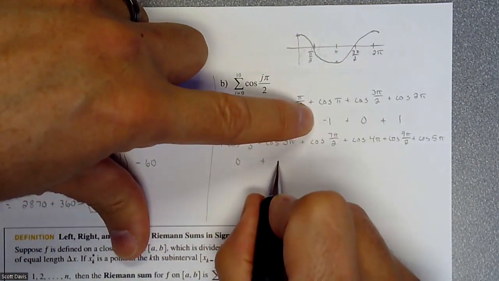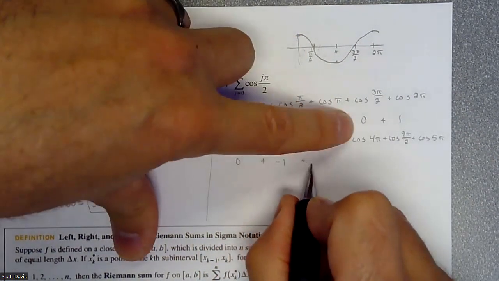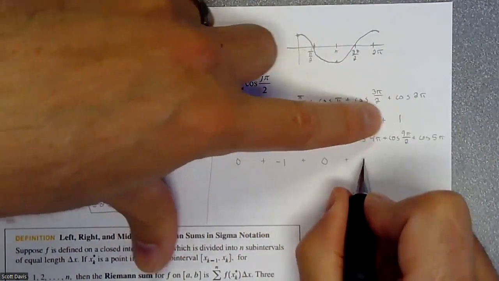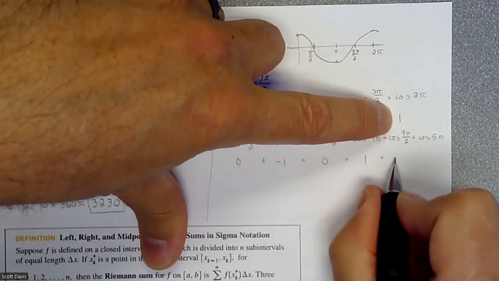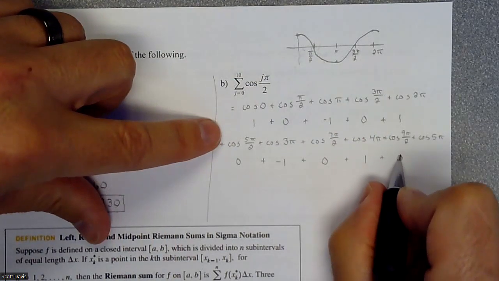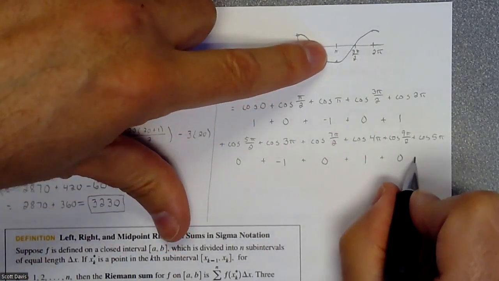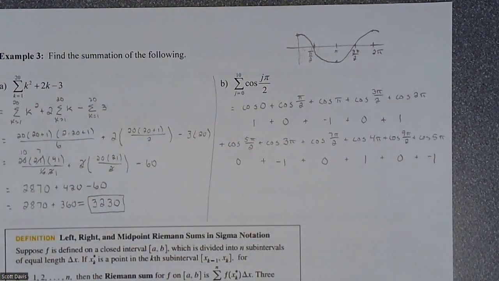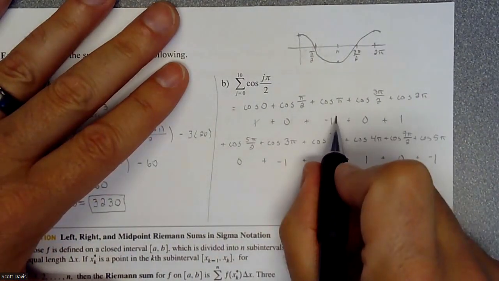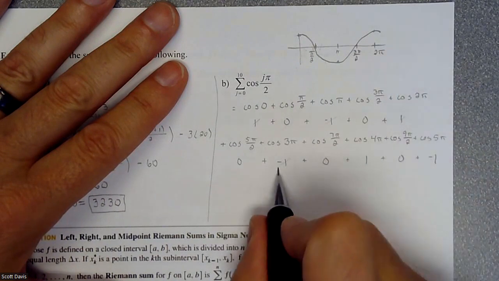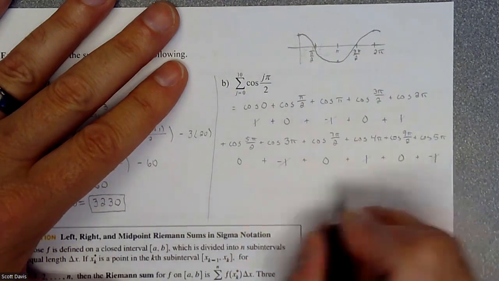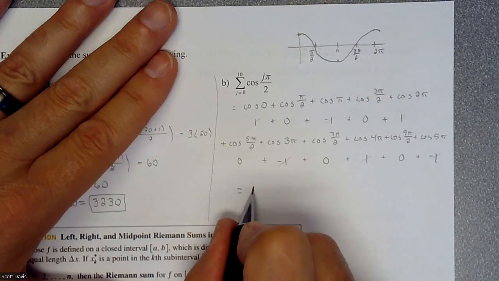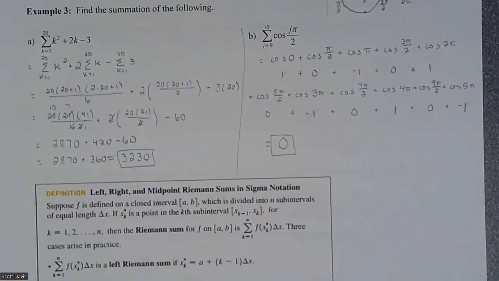So plus -1 plus 0 plus 1 plus back to 0 again. And then 5 pi would be back to -1. All right, so those are the values that we have. So we have a 1 and a -1 undo each other, a 1 and a -1 undo each other, and a 1 and a -1 undo each other. So the summation of all those values ends up just being 0.